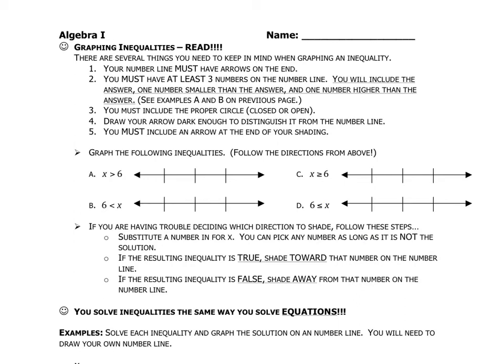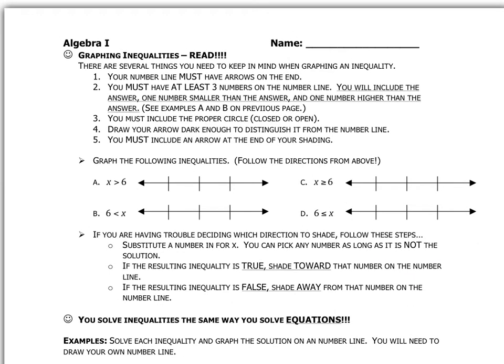So letter A, x is greater than 6. Since I know that it is greater and I know that I'm going right, I start from the left and put a 0. Your answer will go in the middle.